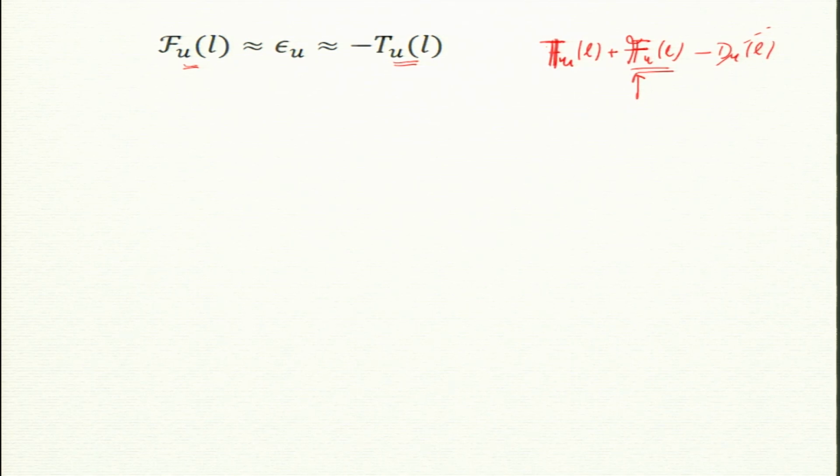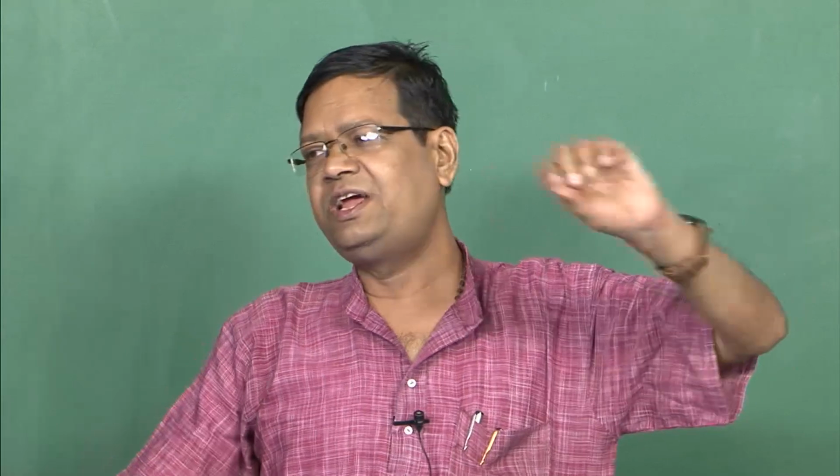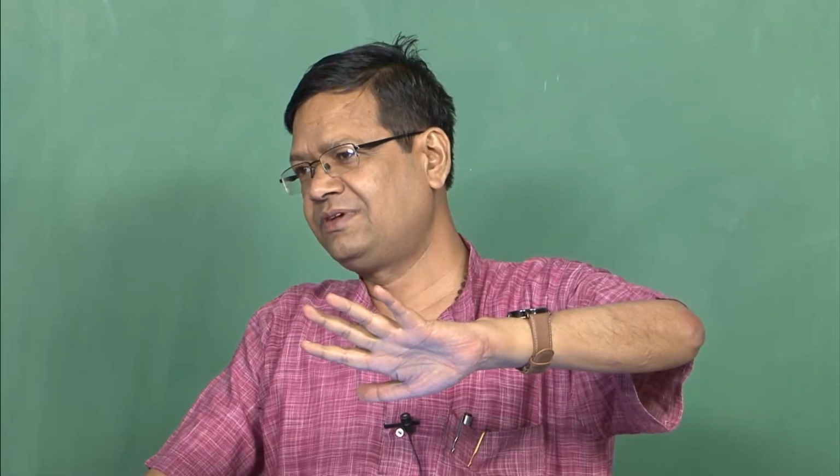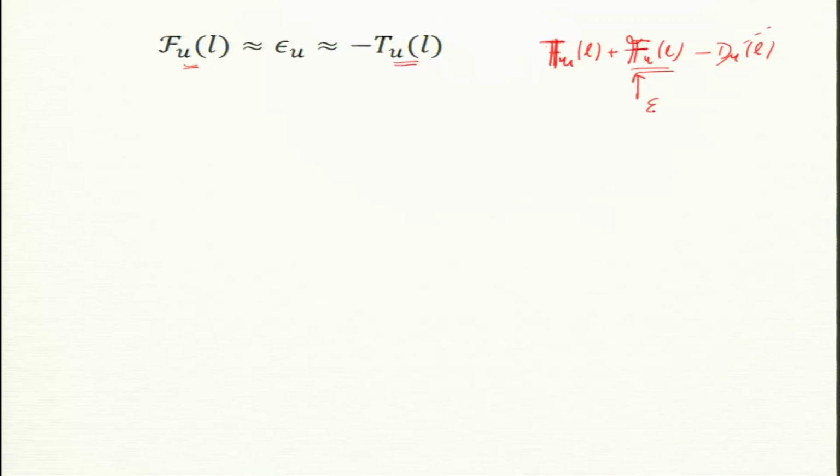I do not want to make you more tired. So this is constant everywhere approximately, and equal to the energy supply rate. So this is the constant epsilon U, because energy supply rate equals dissipation rate. That means minus Tu must be equal to epsilon U. So this is how you connect dissipation rate with the nonlinear energy transfer rate.